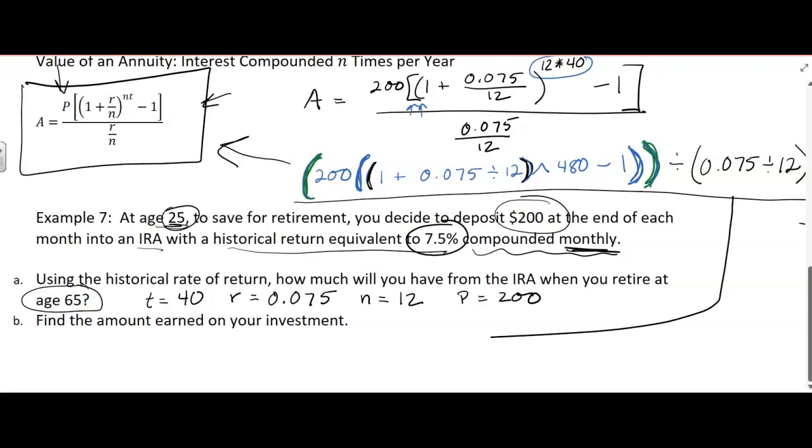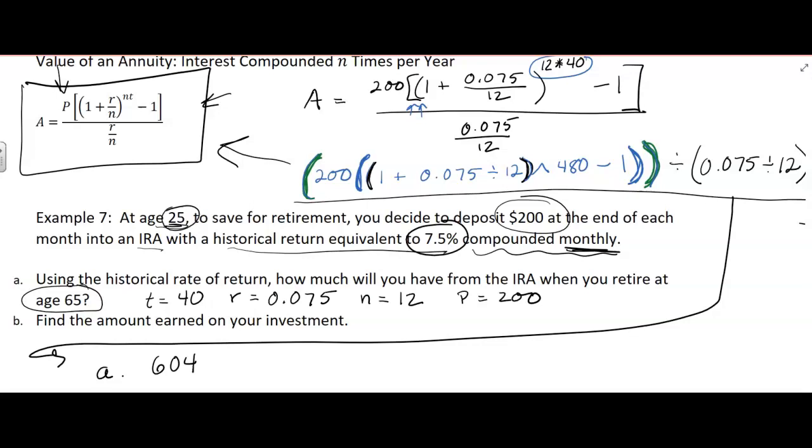Okay, so what did I get for this? I got, this is giving me my answer to part A, $604,764. And that's to the nearest dollar.